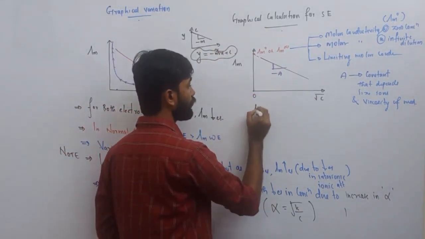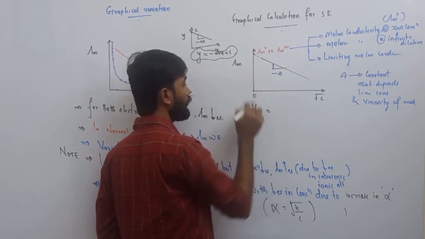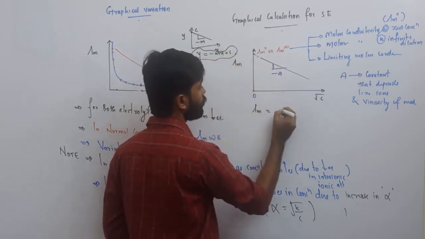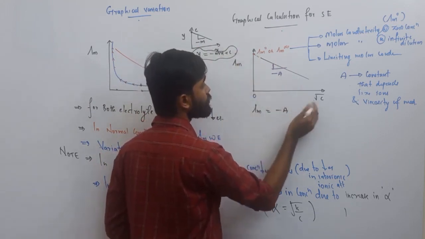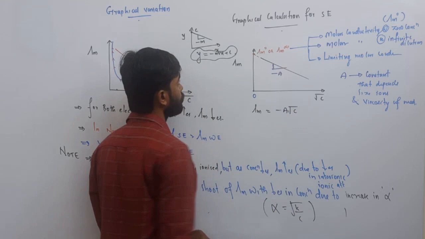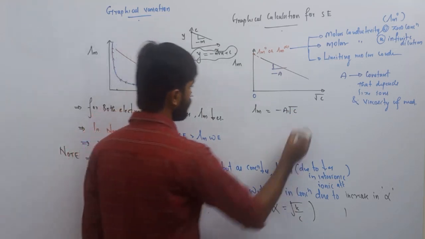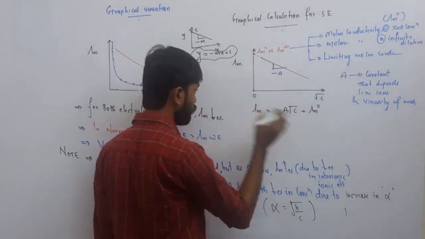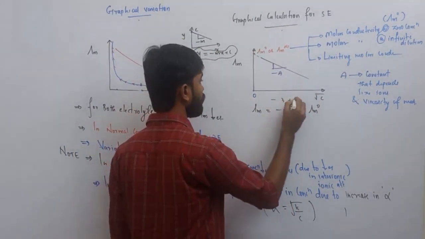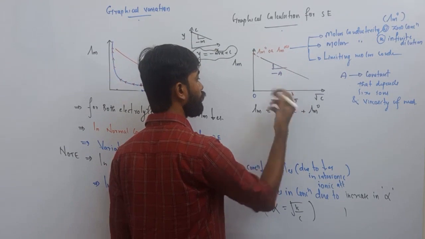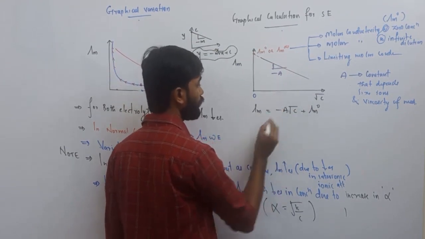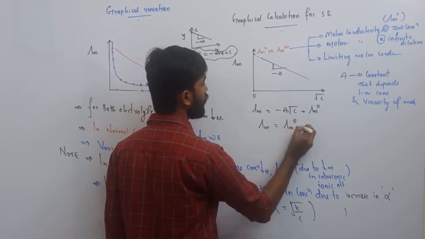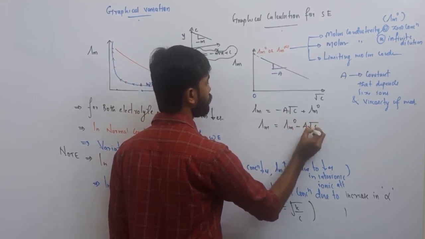Like that, this can be written with lambda m as the y term, equal to minus the slope, minus a, times x, which is root c, plus the intercept, lambda m0. This is something like minus 3 plus 5, which can be written as 5 minus 3. So let me write the positive term first: lambda m equals lambda m0 minus a root c.